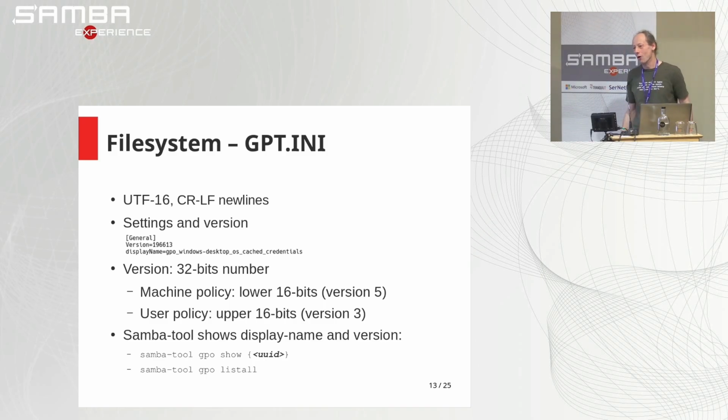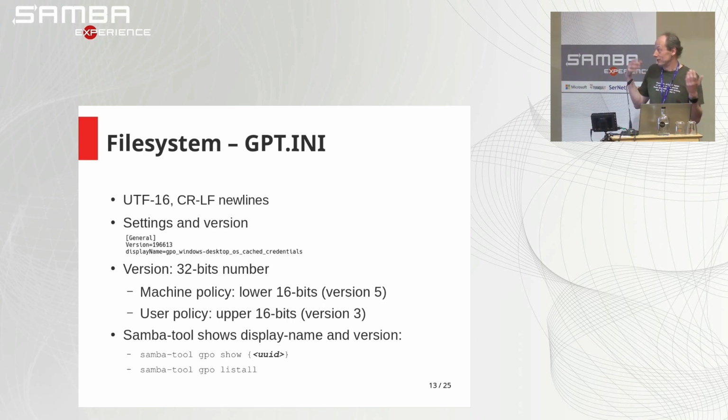Now, I don't really know why you want to have different versions for both, but if you edit it through GPMC, it will individually change those numbers. So if you look at the number above there in the example, that is version 5 for the machine and version 3 for the user.